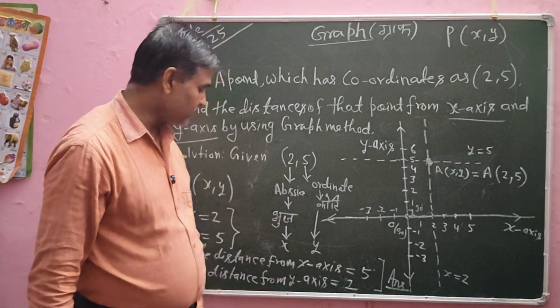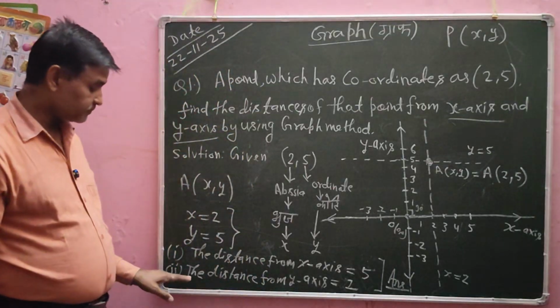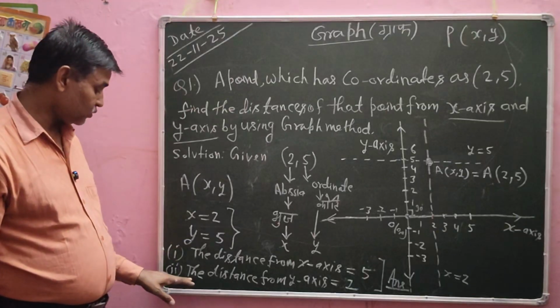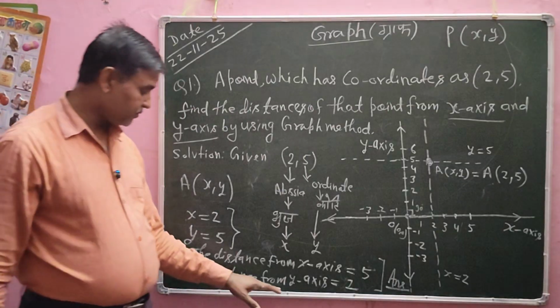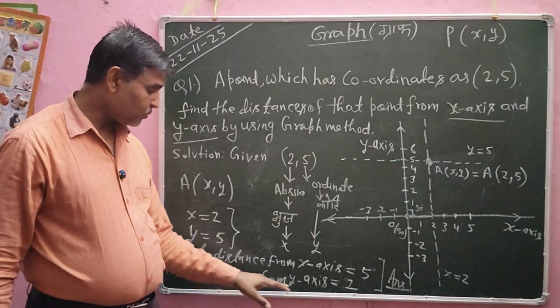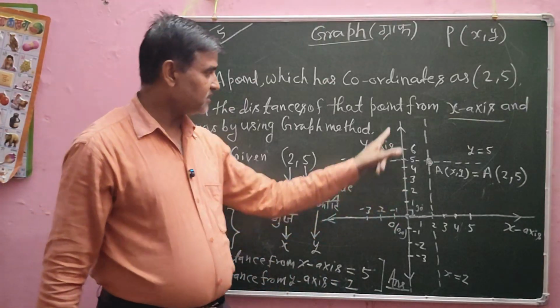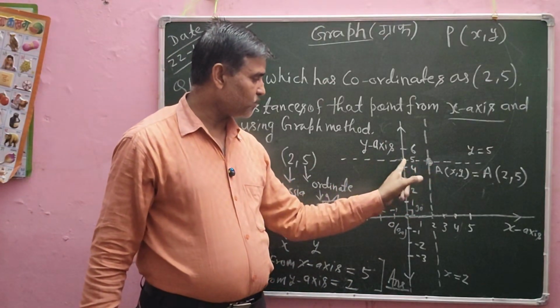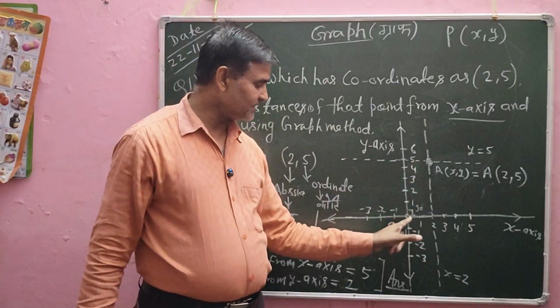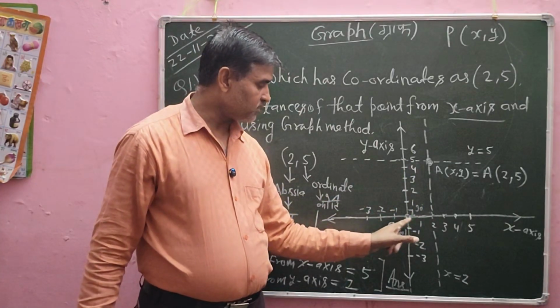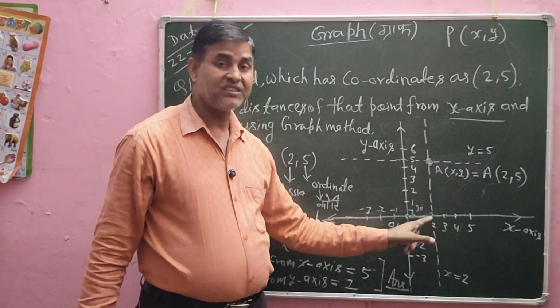Now the second information asked in the question: the distance from the y-axis. So this is the y-axis and this is the point. We have to take this distance, and this distance is from the origin to 2. So this distance is 2.